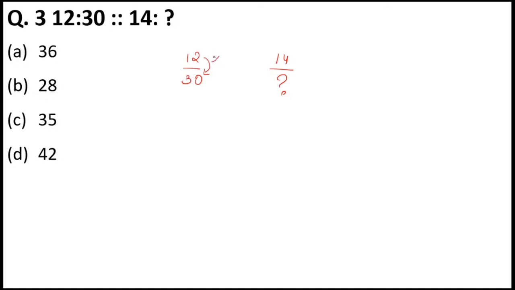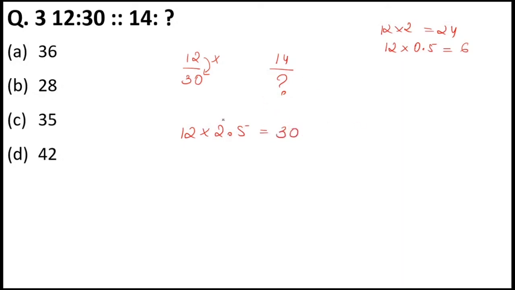If you multiply 12 by 2, 12 into 2 gives you 24. And half of 12 is 6. So if you multiply 12 by 2.5, what you get is 30, right?